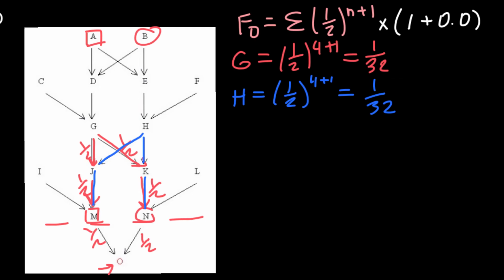Our pathway would be 1, 2, 3, 4, 5, 6, 7, 8.